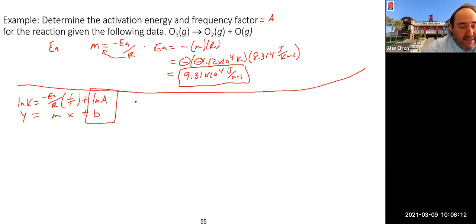But remember that that does not equal A. The natural log of A is equal to the y-intercept.